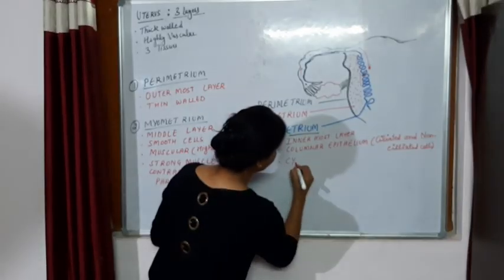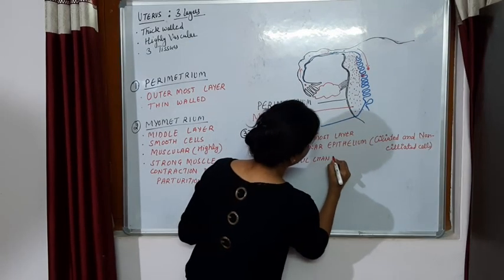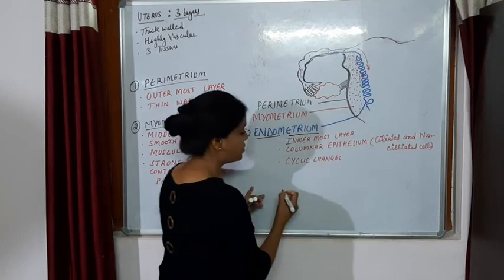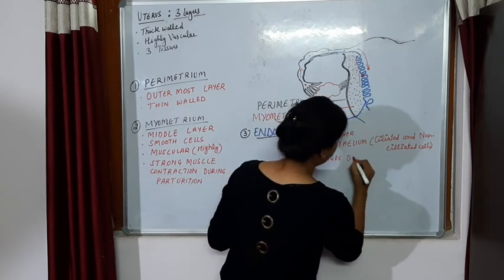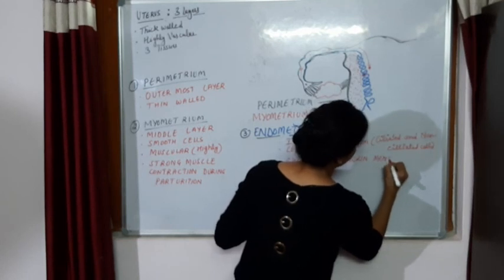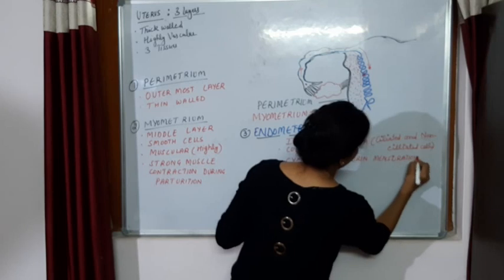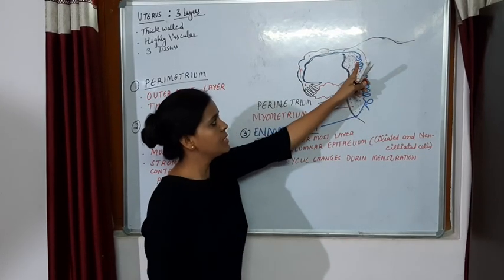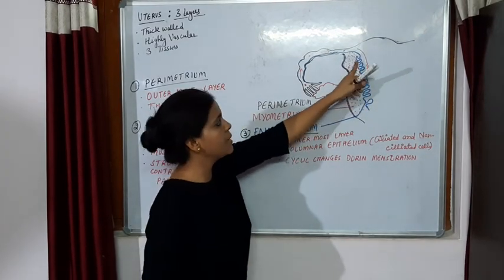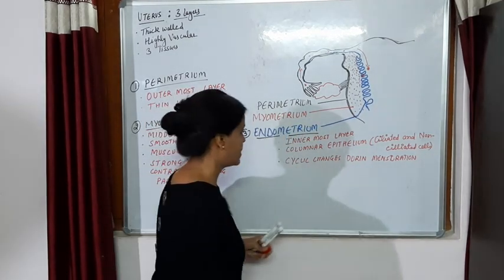The cyclic changes seen during menstruation are due to changes in the endometrium lining of the uterus.